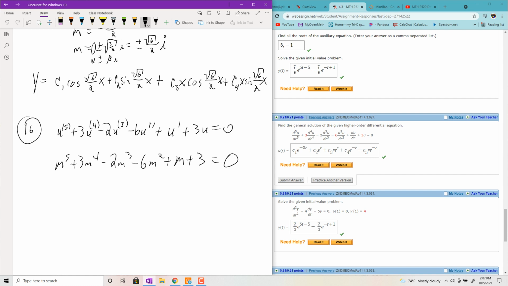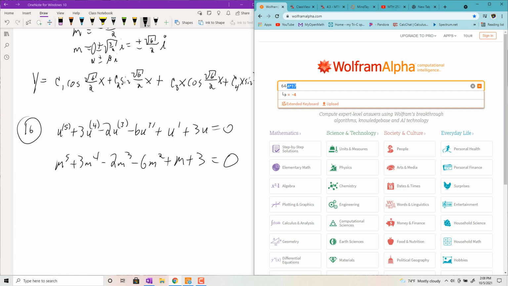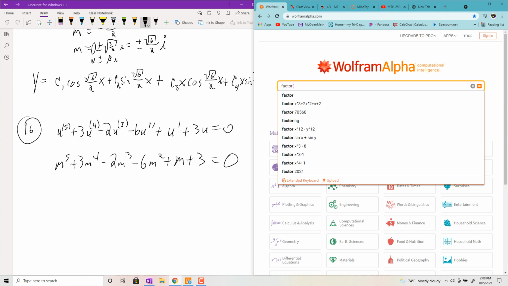So if you put in 1, you get 4. Over here is 4. That's 8 minus 8. So if 1 is a root, you can just look at it and know that's going to work. Let's say you couldn't figure it out, though. So what do you do? Well, you can just go to Wolfram, and Wolfram will automatically factor these things. So you just write factor, and then type in whatever thing you're trying to factor.